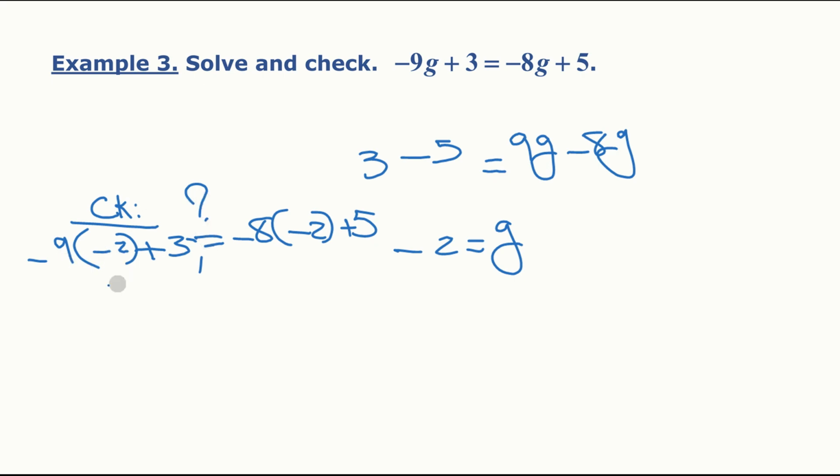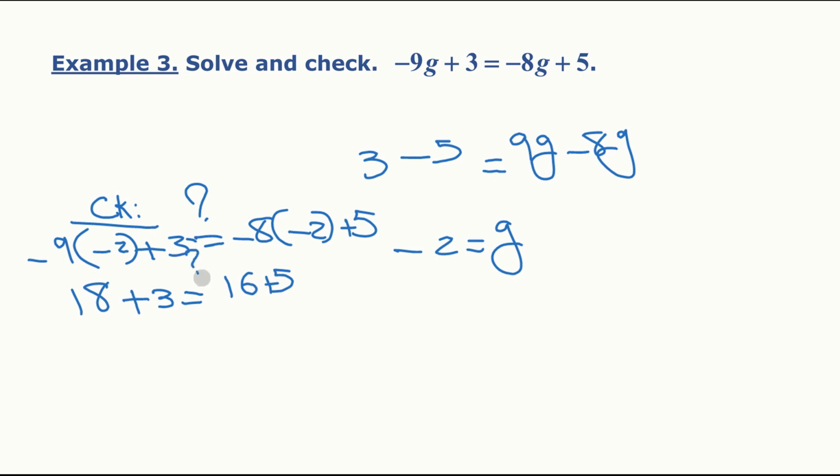Now, -9 times -2, that's 18 plus 3, and now we're going to say that's equal to, that's 16 plus 5.